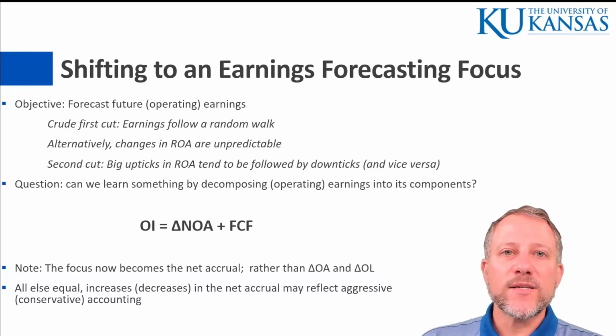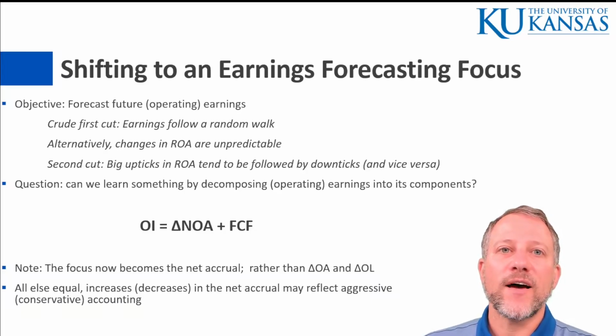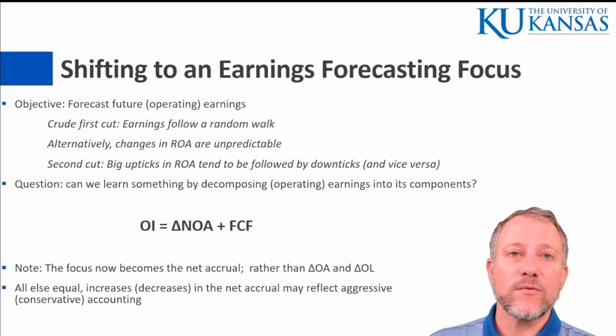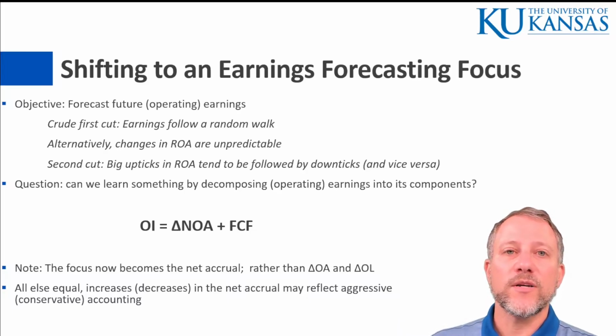And so now it does make sense to net the change in operating assets and operating liabilities, because the directionality matters here, and it's the net effect, whether we have a large increase in NOA that might be too big of an increase and so it's going to reverse out in the future, or a large decrease as well.